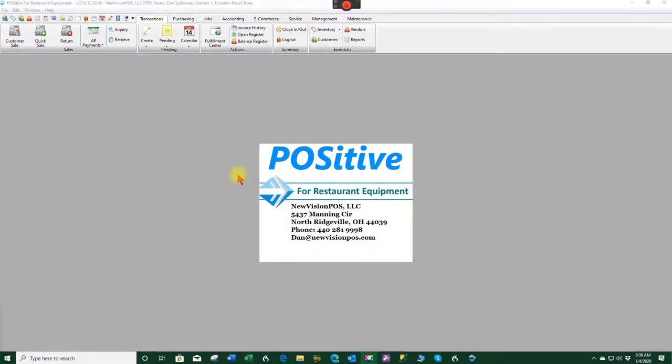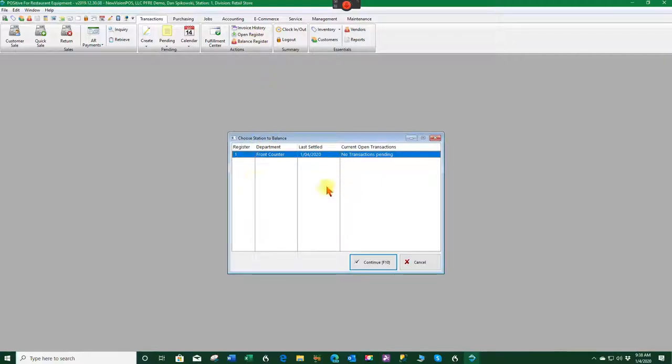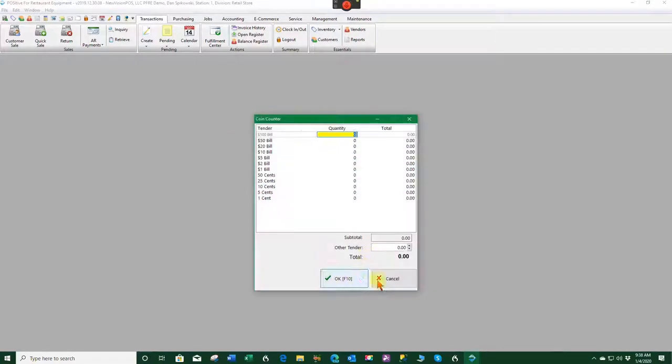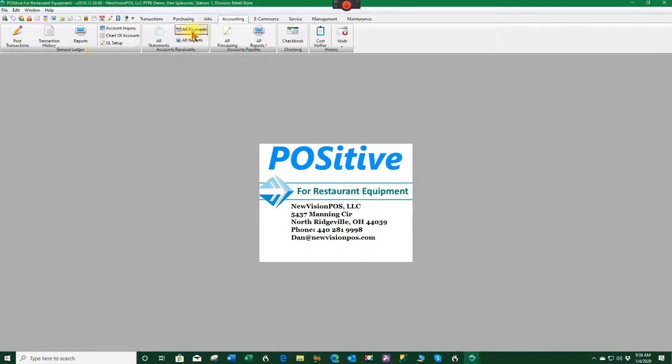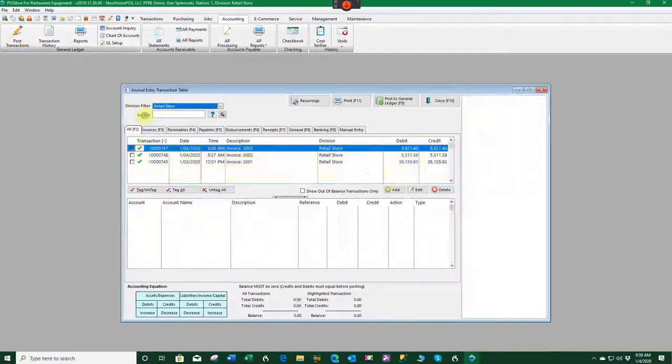After balancing my register at this spot right over here, you'll see that I have posted and balanced my register, so I have no transactions pending. So let's go over now to accounting and post transactions.